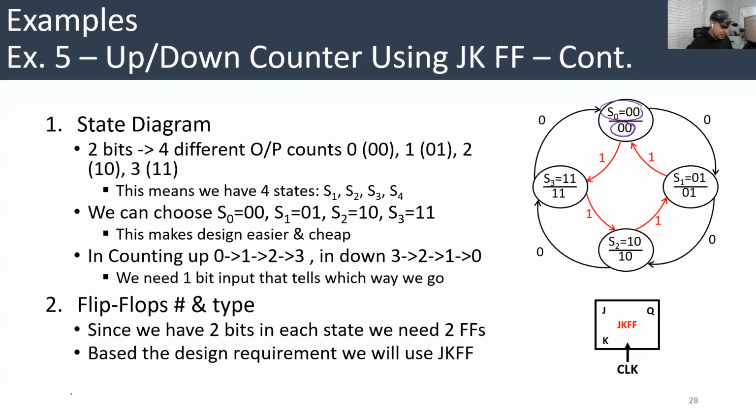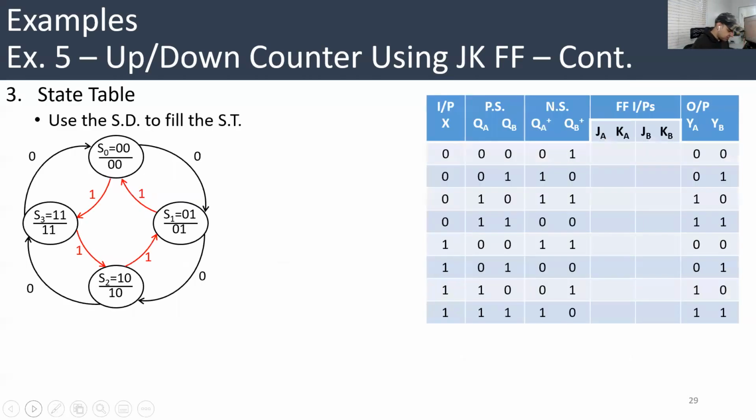Of course, the first steps of the design will be the same, although we're going to use JK flip-flops, not D flip-flops. Now, how about the state table? After deriving the state diagram, we go to the state table and fill it based on the state diagram.